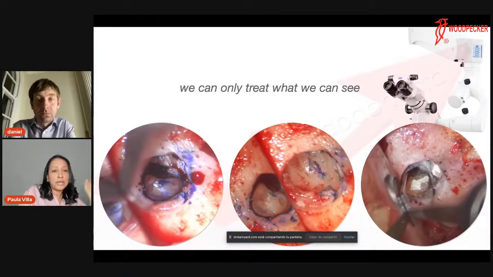It's simple. We can only treat what we can see. It's difficult. We need to treat the apical third of the tooth, and sometimes we need to see very small details. We need to look for omitted canals, isthmuses, cracks, and without correct magnification and illumination of the area, sometimes it will be absolutely impossible. So I think the use of the microscope in these surgeries is not under discussion.